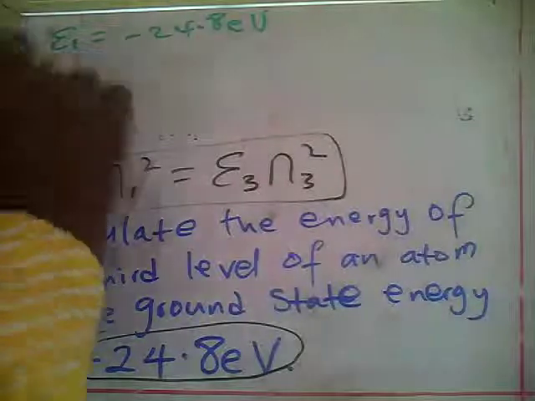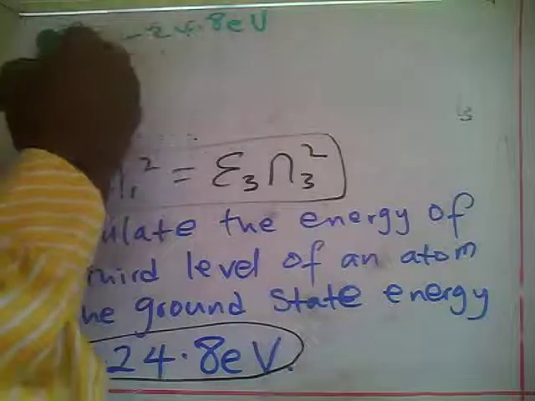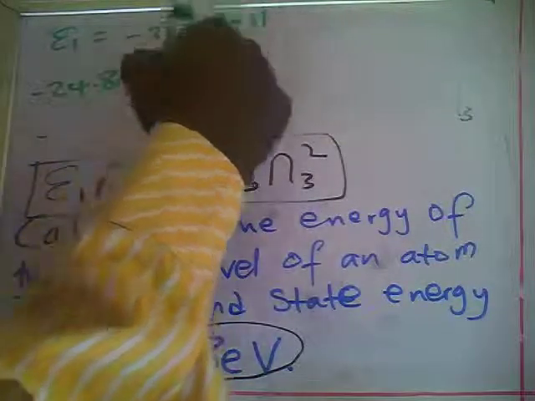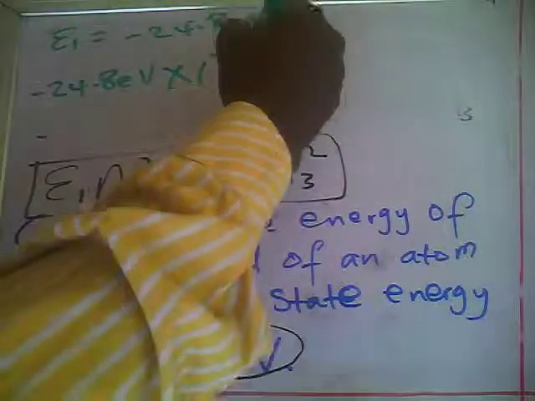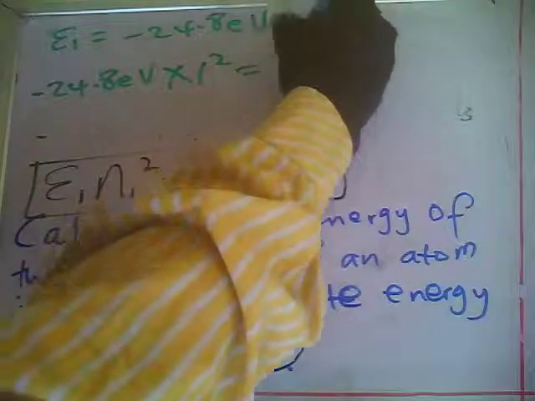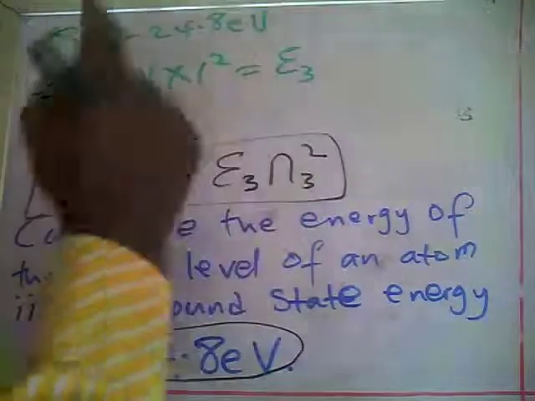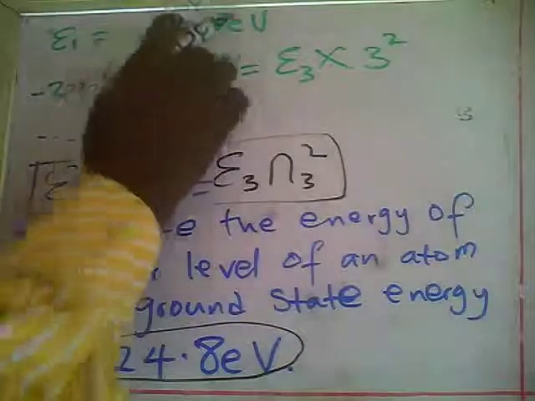Applying the formula strictly, E1, which is minus 24.8 electron volts, times 1 squared, because it is the first energy level, the ground state, will be equal to E3, the energy of the third level, times 3 squared. The level is 3, so we square that.